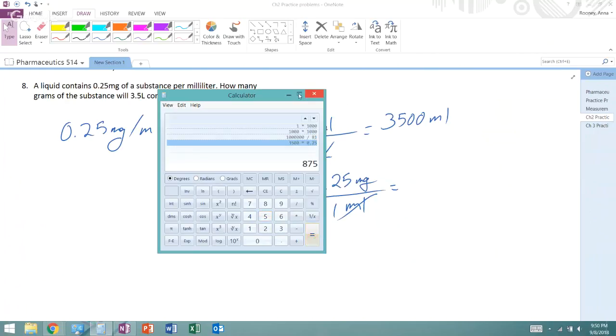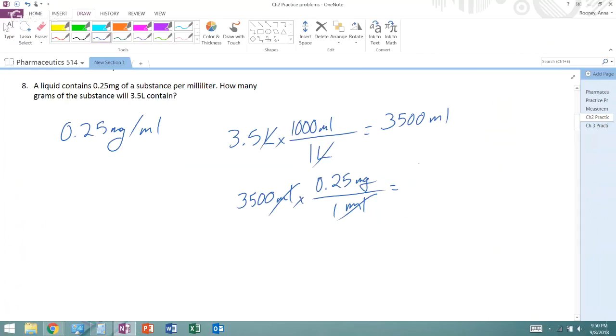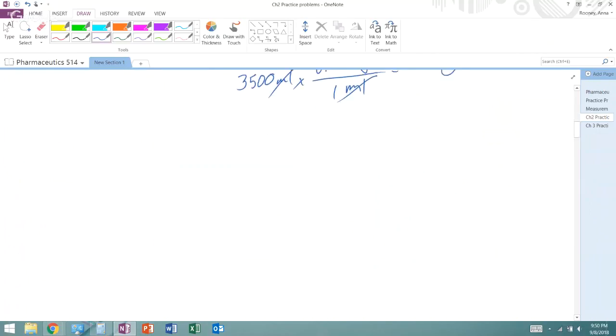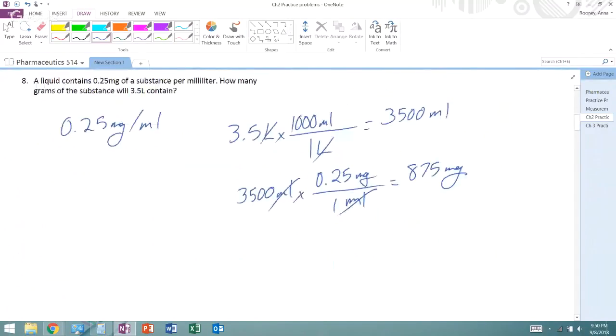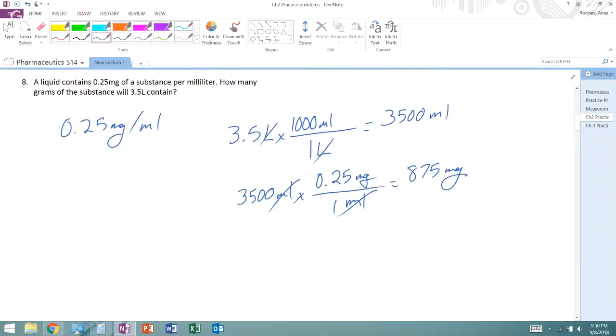All right, 875. So 875 milligrams for that whole entire 3.5 liters. Let's see if we're right. 0.875. All right. Oh, how many grams of... See, this is where we're going to get tricked. Okay. So 875 milligrams, and then you want to convert.